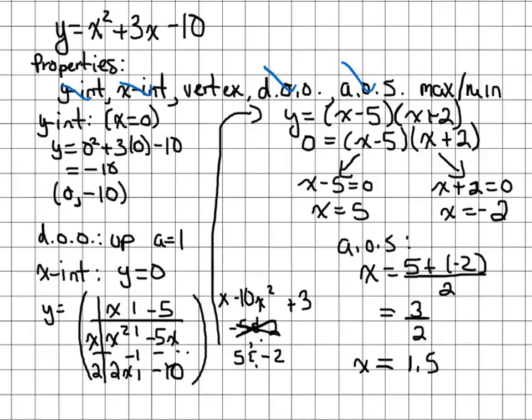So the vertex, well, we know that the axis of symmetry ends up being the x-coordinate of the vertex. So we can actually use that with our equations to find out what the y-coordinate of the vertex is and solve it that way. So I'm going to move on to a clean sheet of paper, and we will continue on.